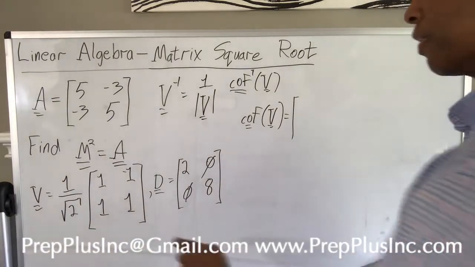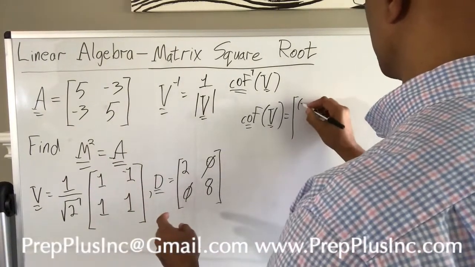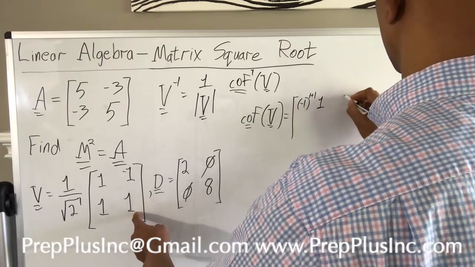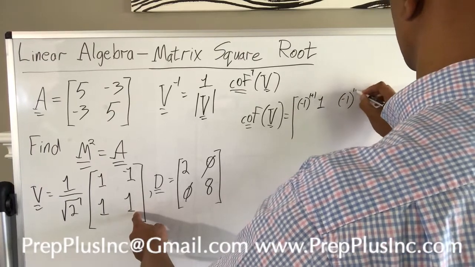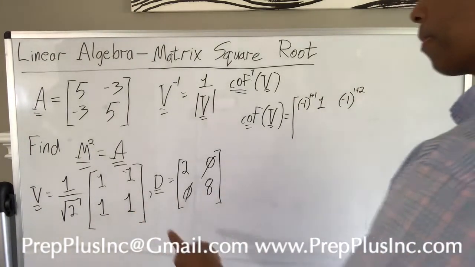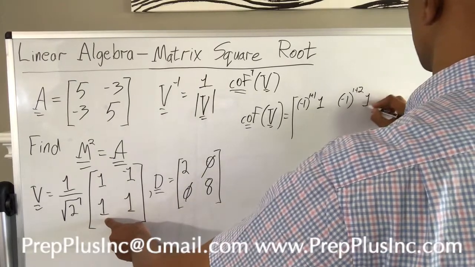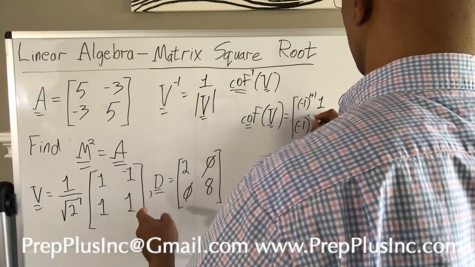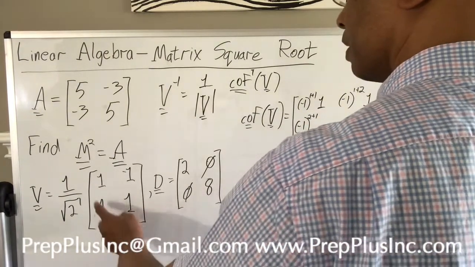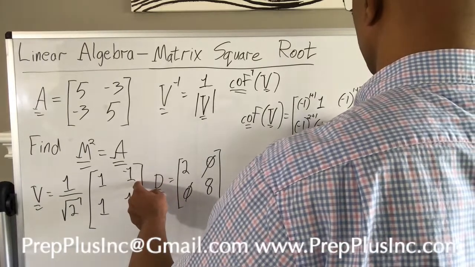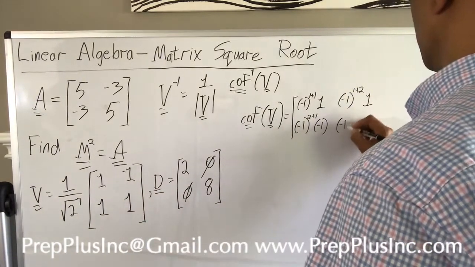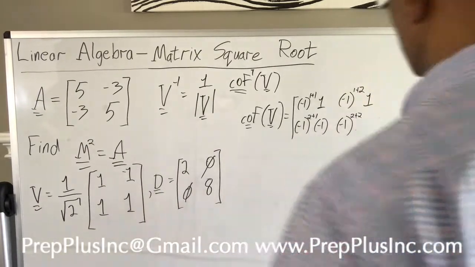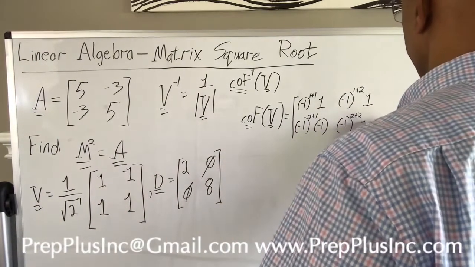equals, all right, this is minus 1 to the 1 plus 1 times 1. This is minus 1 to the 1 plus 2, row plus column, times 1, and minus 1 to the row 2 plus column 1 times minus 1, and then minus 1 to the row 2 plus column 2 times 1.